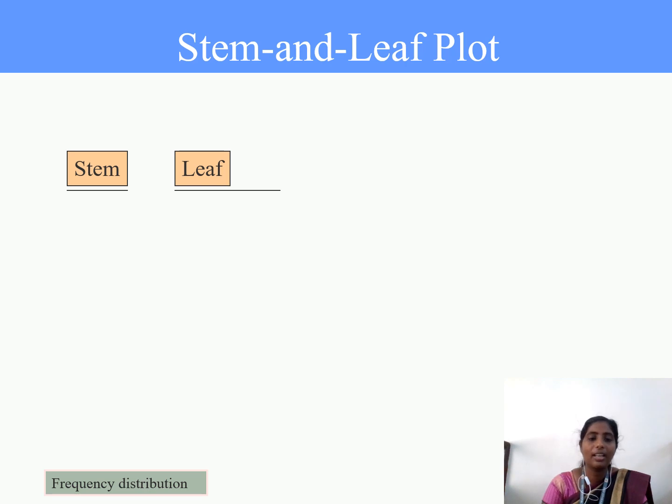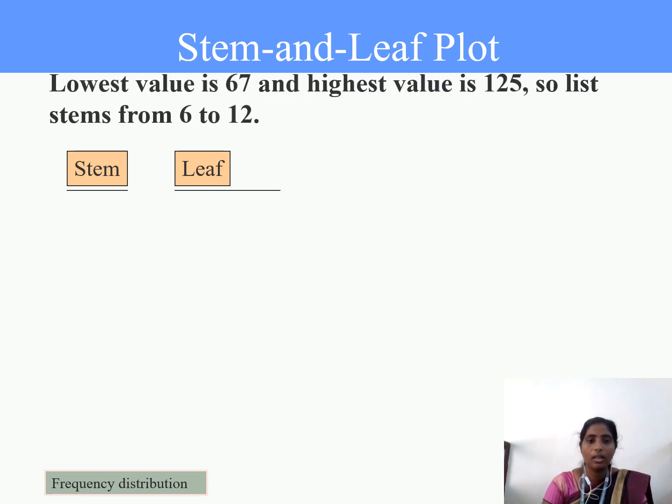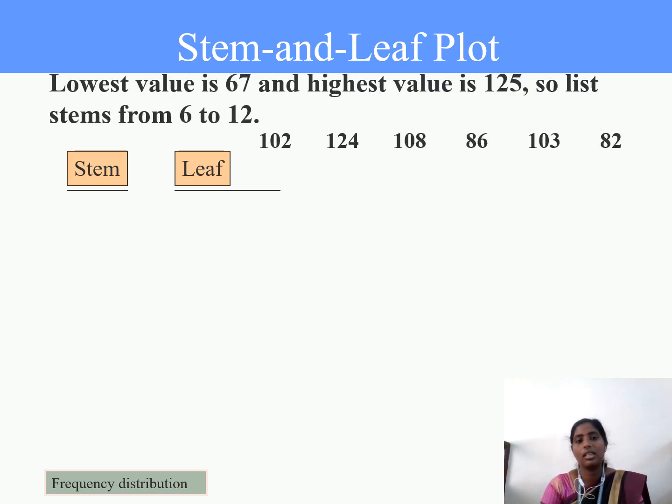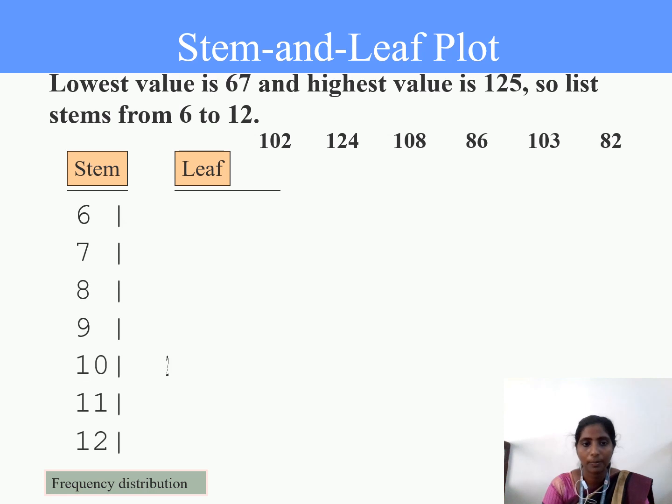And for stem and leaf plot, we have to consider the last digit for leaf and the remaining digits for stem. So here we are considering the first 2 digits for stem and the last digit for leaf. If the number has only 2 digits, then the first digit will come under stem and the second digit will come under leaf.